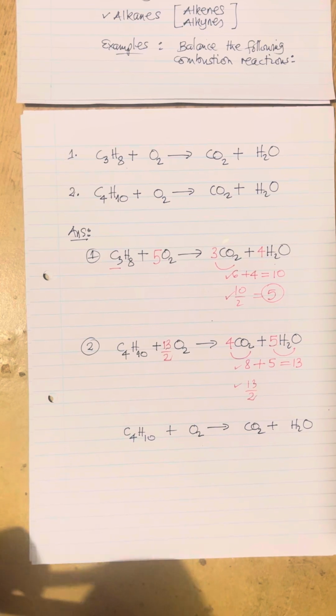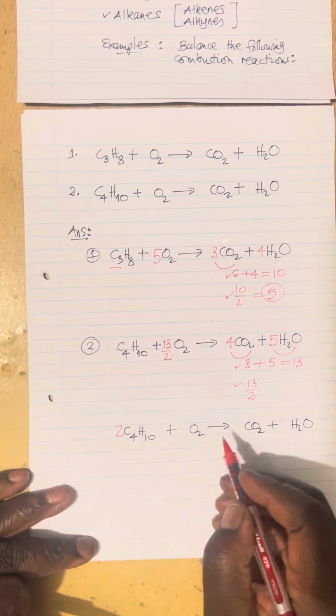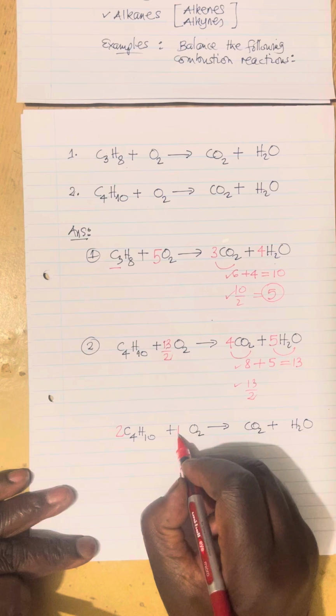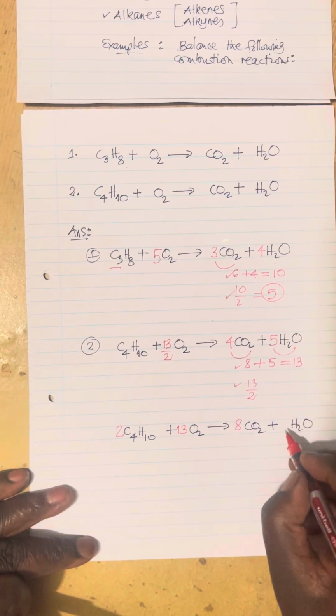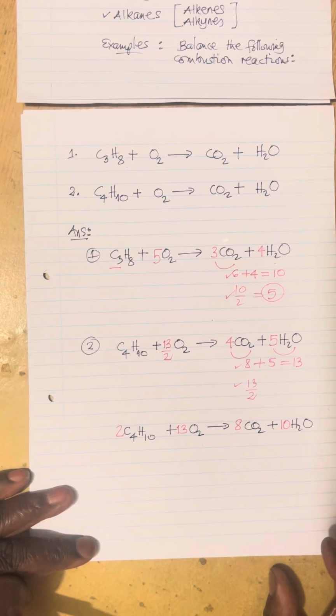The coefficients will become 2 there, and 13 over 2 times 2 is 13. 4 times 2 is 8, and 5 times 2, the answer is going to be 10.